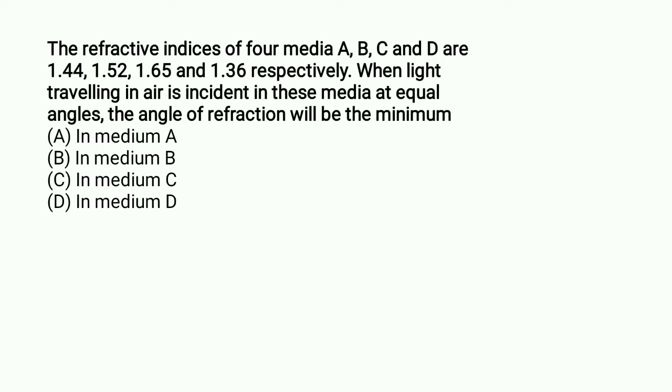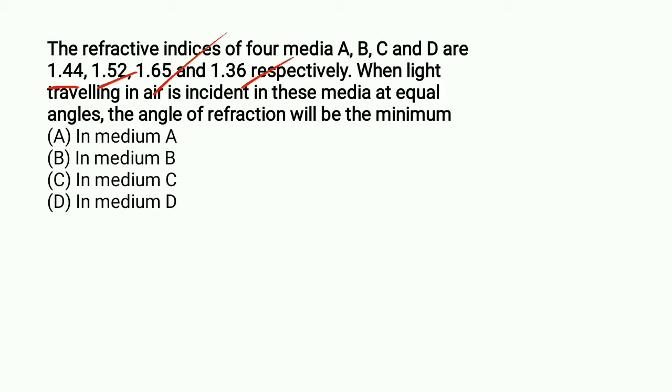Next question. The refractive indices of 4 media A, B, C and D are 1.44, 1.52, 1.65, 1.36 respectively. When light traveling in air is incident on these media at equal angles, the angle of refraction will be minimum in which medium?